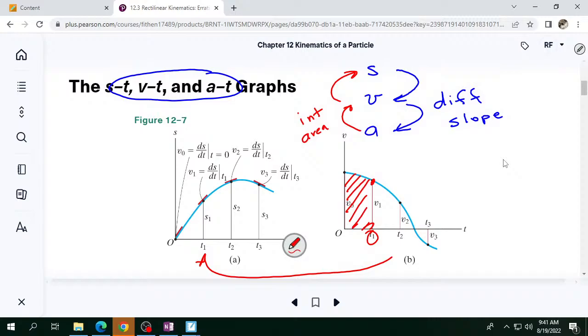And then if I want to move to the right and want to know what the position is at T2, take the area of both of those.